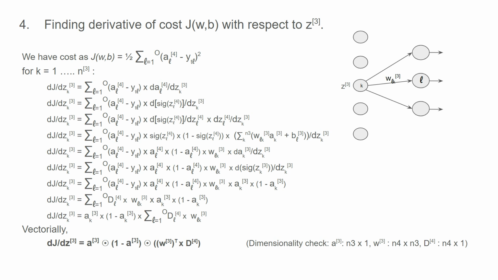So a3 and 1 minus a3 with element-wise multiplication will result in n3 cross 1, and W3 transpose will be n3 cross n4, and d4 is n4 cross 1. Therefore the last term will become n3 cross 1. Element-wise multiplication of n3 cross 1 with n3 cross 1 finally becomes n3 cross 1.